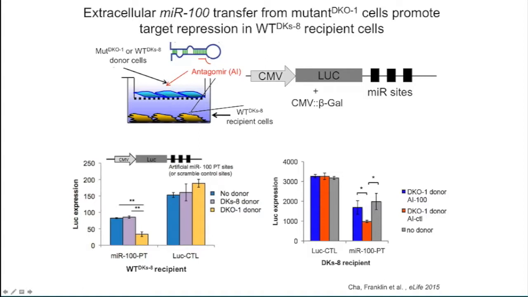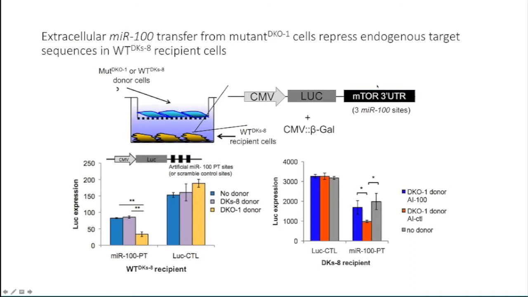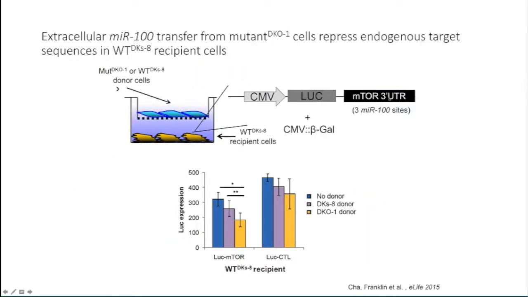So that was with a luciferase reporter that had perfect sites, but then we wanted to find out, could it also then regulate an endogenous transcript? And so for that, we searched through databases to identify targets for miR100, and one of the targets is mTOR. So instead of having perfect sites here, we have the luciferase construct with mTOR at the 3' UTR.